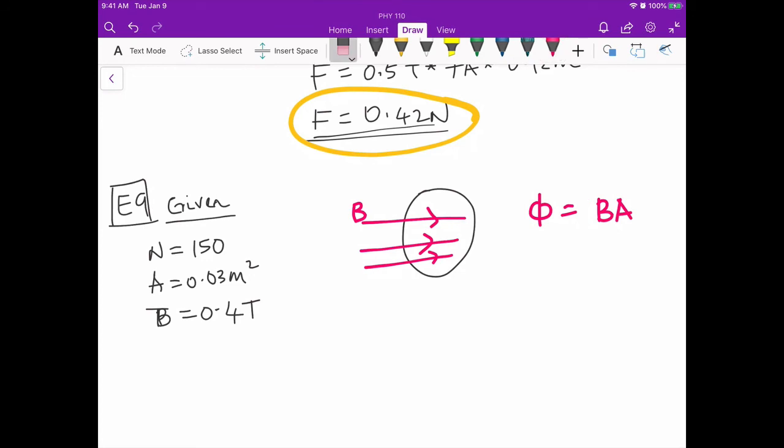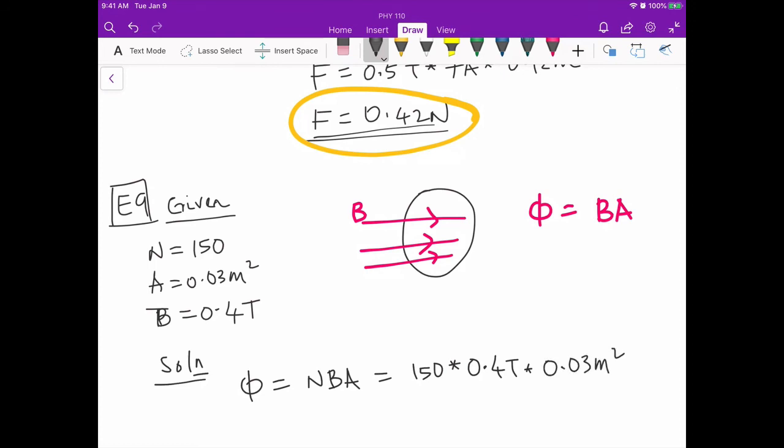So in our case, phi will be calculated as N times B times A. N is 150 turns, B is 0.4 Tesla, and A is 0.03 meters squared.